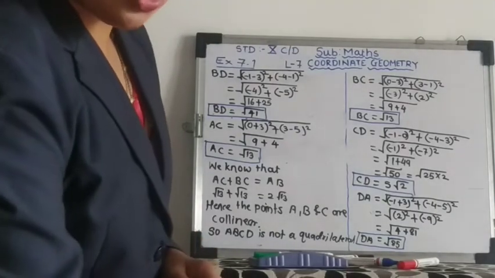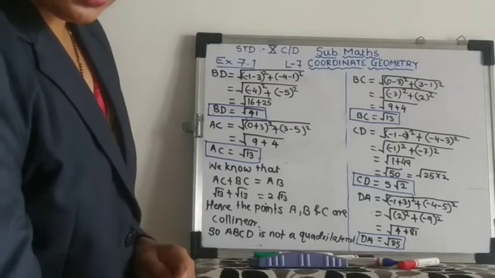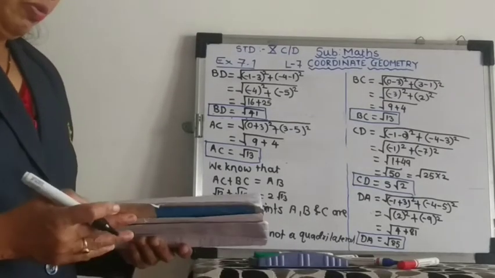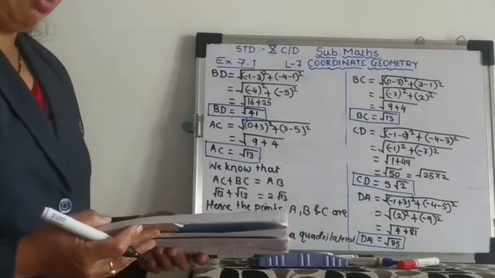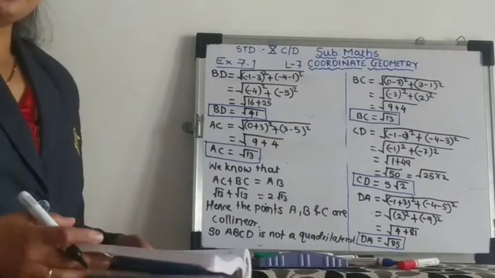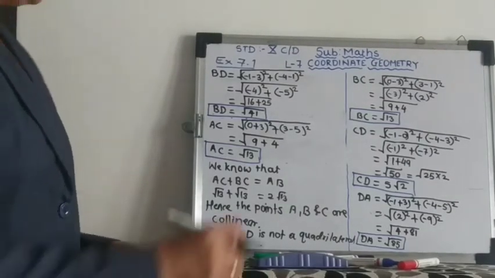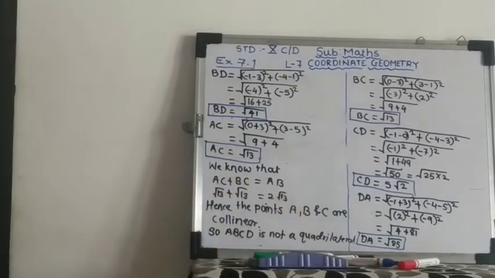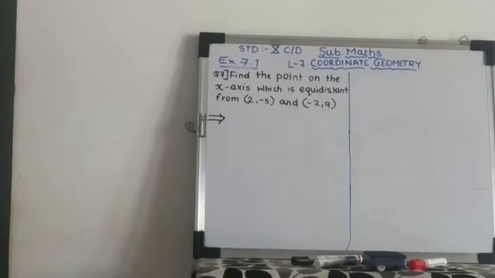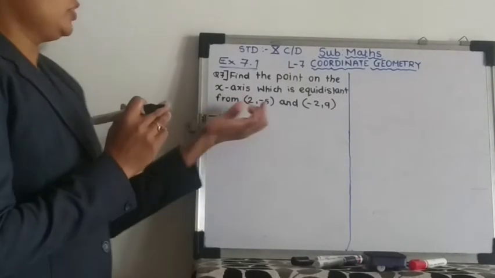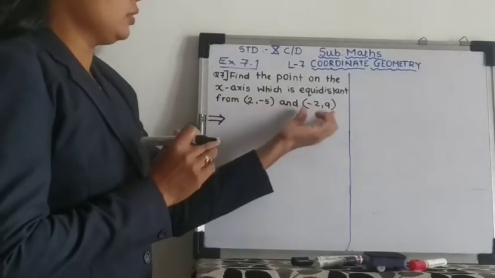Find the points on the x-axis which is equidistant from (2, -5) and (-2, 9). So let us write down that question first and then we will solve that sum. Okay, written the sum. Let us find out this point which is equidistant from this and this point.